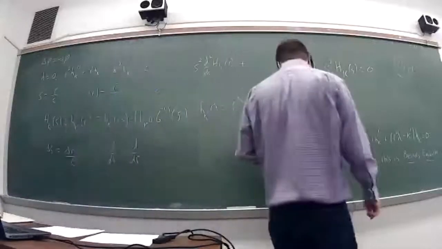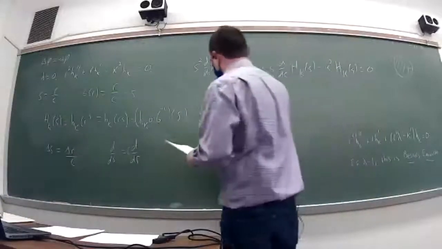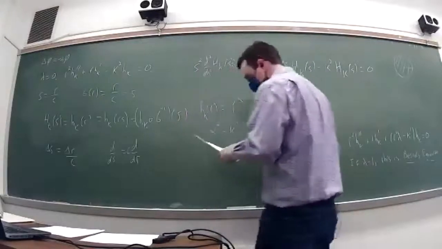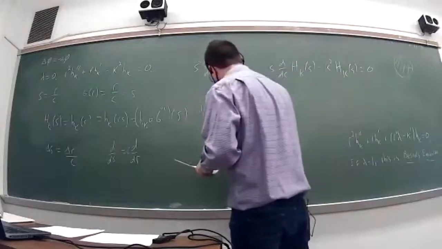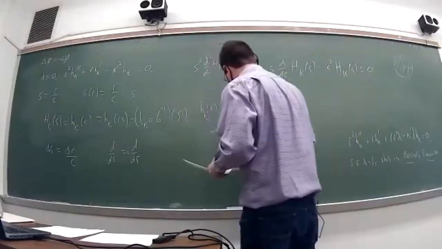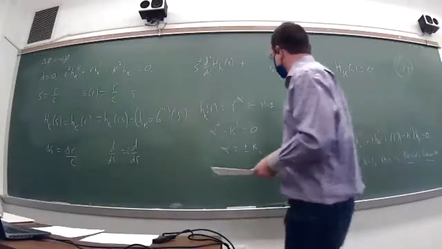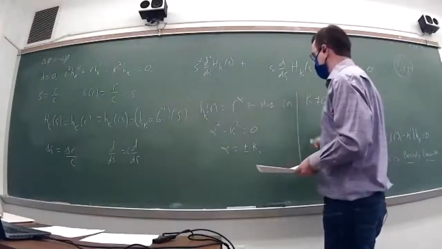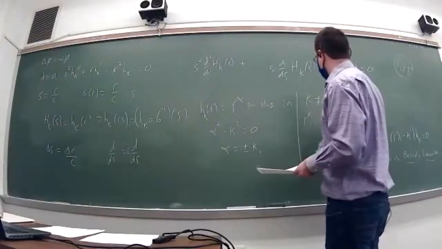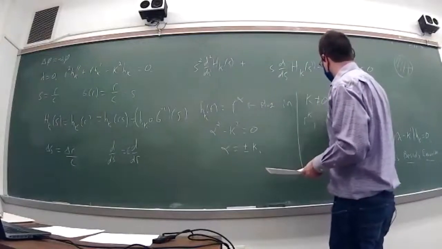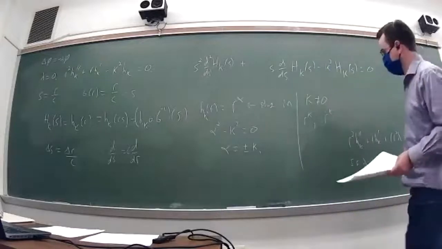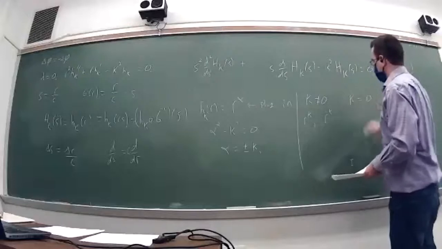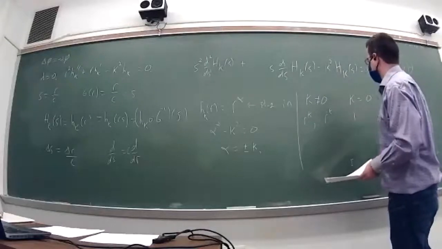And in fact, the equation that you do get is alpha squared minus k squared equals 0, telling you that alpha has to be plus or minus k. And so whenever k is not equal to 0, you get these 2 independent solutions, namely r to the k and r to the minus k. If k equals 0, you certainly get r to the 0 equals 1.